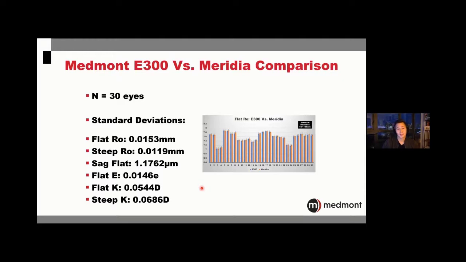So we're talking about basically the two instruments are the same in the way they measure, which is important because the E300 is relied upon in many educational sites, in many clinics, to be the tool to build that first ortho-K lens, that first rigid contact lens fit, to achieve a very high first fit success. So it would be nice to have the confidence to know that the new Meridia is going to do the same kind of quality of capture. And that's the story. It does. It is the same as the E300 in terms of its accuracy for capture.